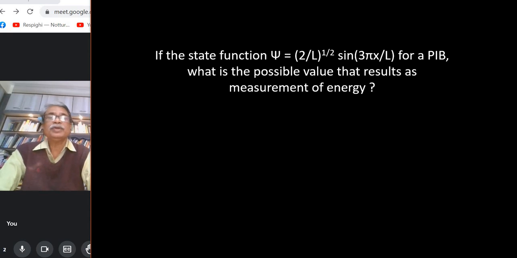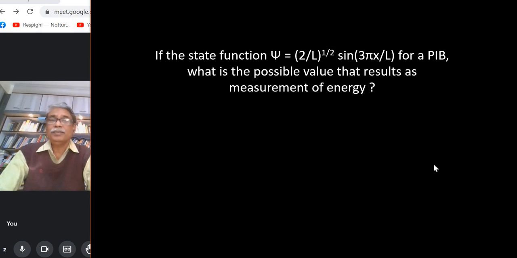If the state function psi is given as root over 2 by L sine 3 pi x by L for a particular box, what is the possible value that results as measurement of energy? Apparently it starts with a bit of ambiguity about how you can find it.